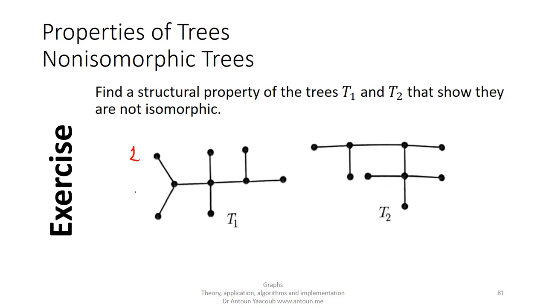So I have here 1, 1, 2, I have here 4, 1, 1, 3, 1, 1, and here 1, 1, 1, 1, 1, 3, 4, 3, 1. So we have the same degree sequence, but there's something that is not correct. Here we have 3.